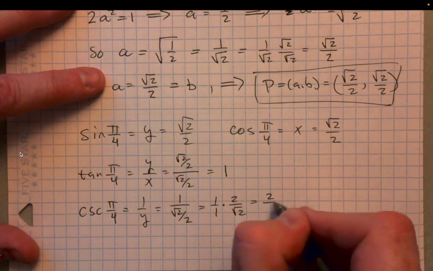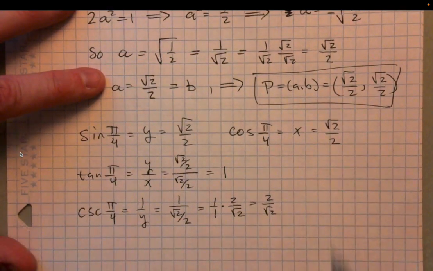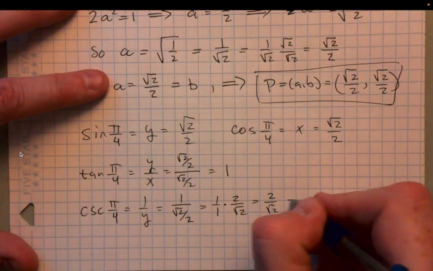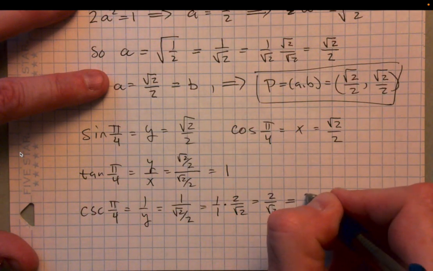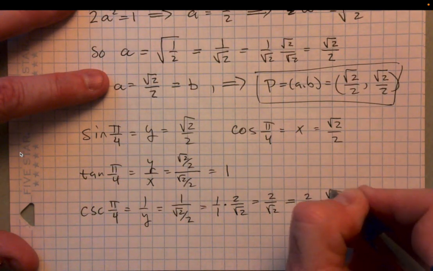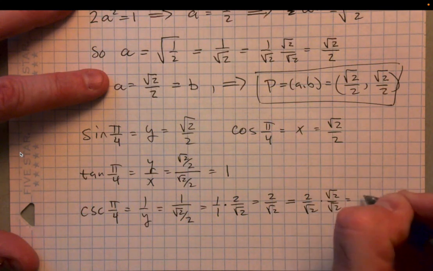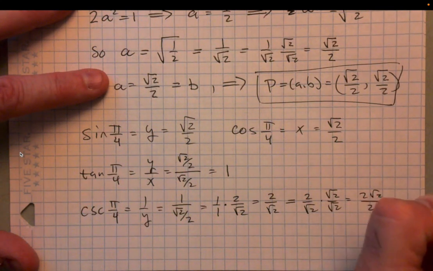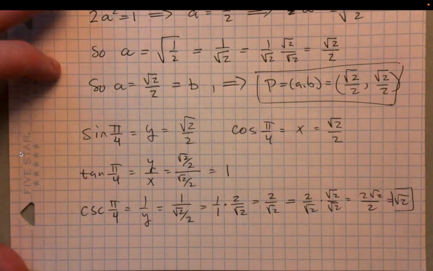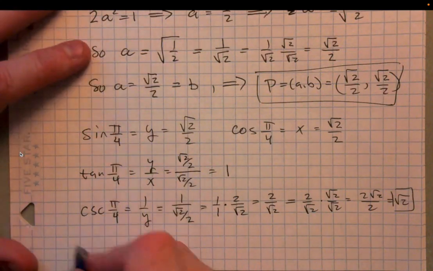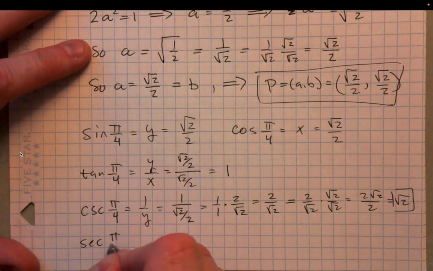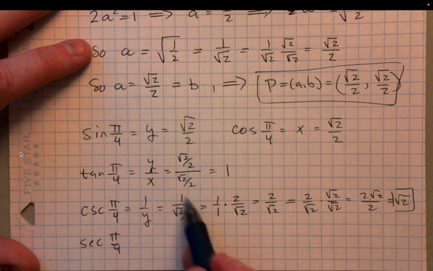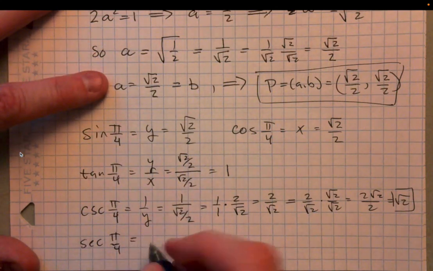And so you get 2 over the square root of 2, and we can rationalize that. That's 2 over the square root of 2 times the square root of 2 over the square root of 2. And so you get 2 square root of 2 over 2, so you get square root of 2. Now, good news is that the secant is exactly the same thing, isn't it? 1 over x is going to give you 1 over square root of 2 over 2 as well, so we could just write that.